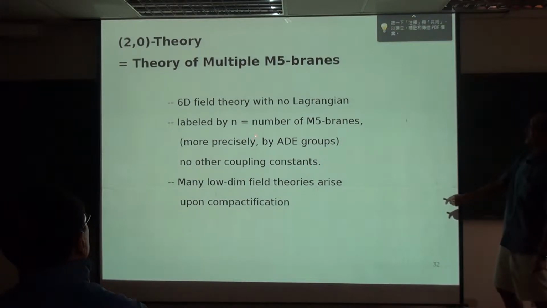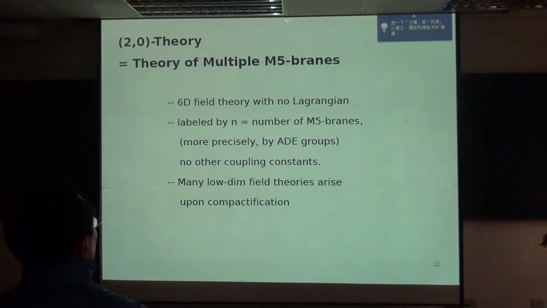So this theory is just labeled by an integer or ADE classification. Another important observation was that if we compactify this six-dimensional theory on a smaller-dimensional space, we get many interesting low-dimensional theories. So let's look at this aspect by examples.